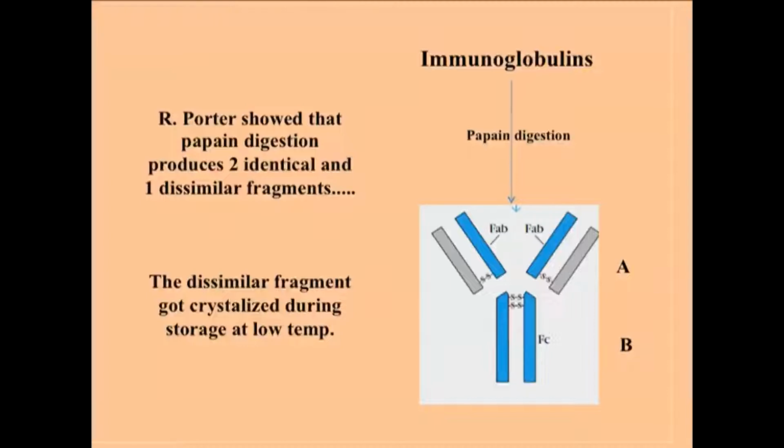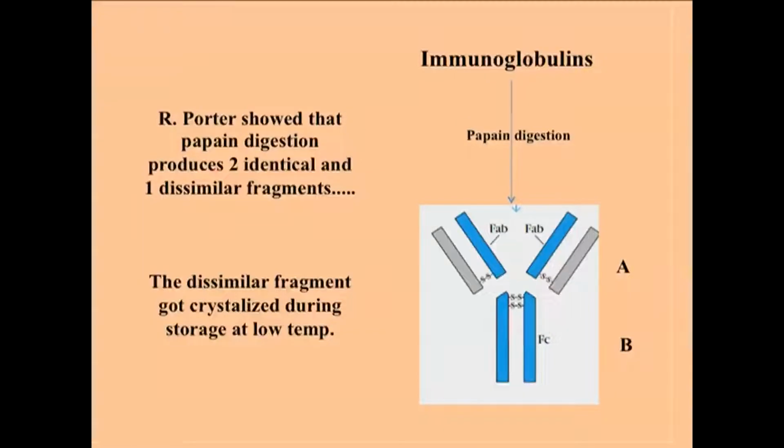They used these A fragments to immunize a goat. They collected the serum, or the immunoglobulins, and the immunoglobulins raised against fragment A were found to react with both the heavy chain as well as the light chain. That means the A fragment contains parts of both the heavy chain and light chain.